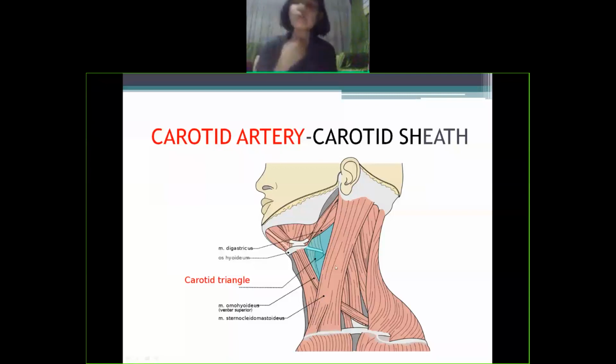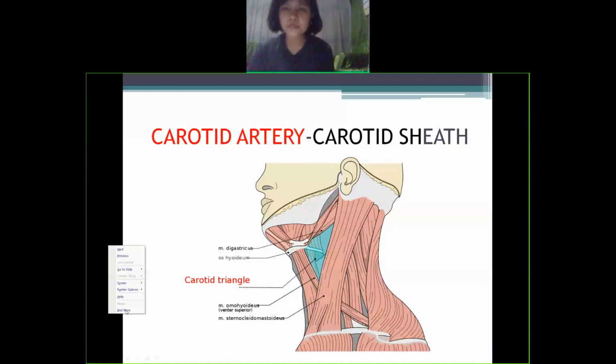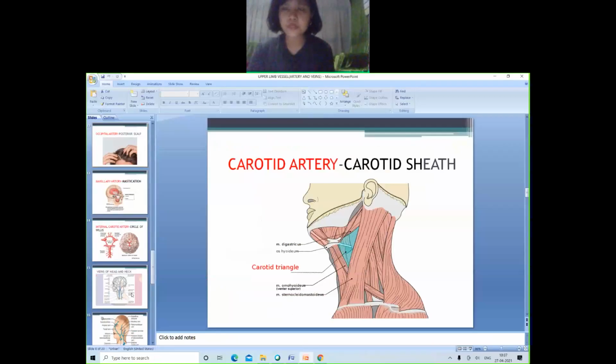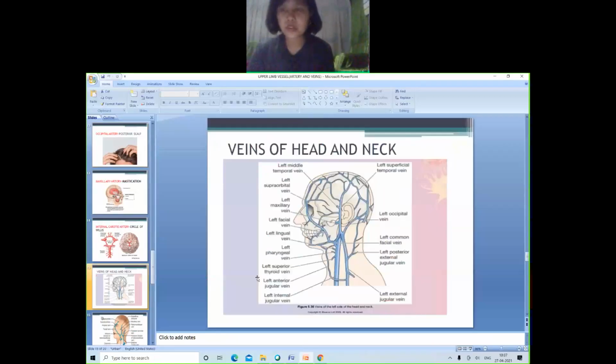You will find this in your neck portion, on both sides. Are you clear now about the external jugular vein? Yes, ma'am. Okay. Now let us come to the internal jugular vein.